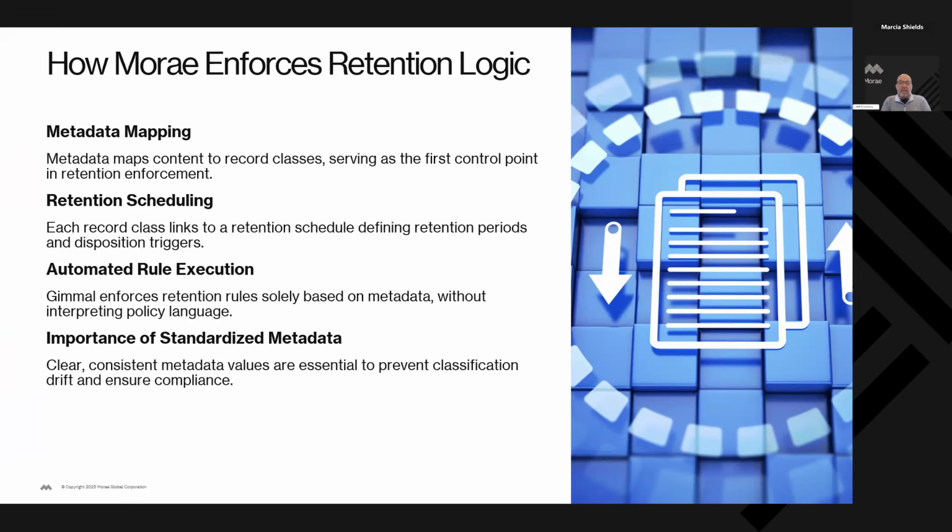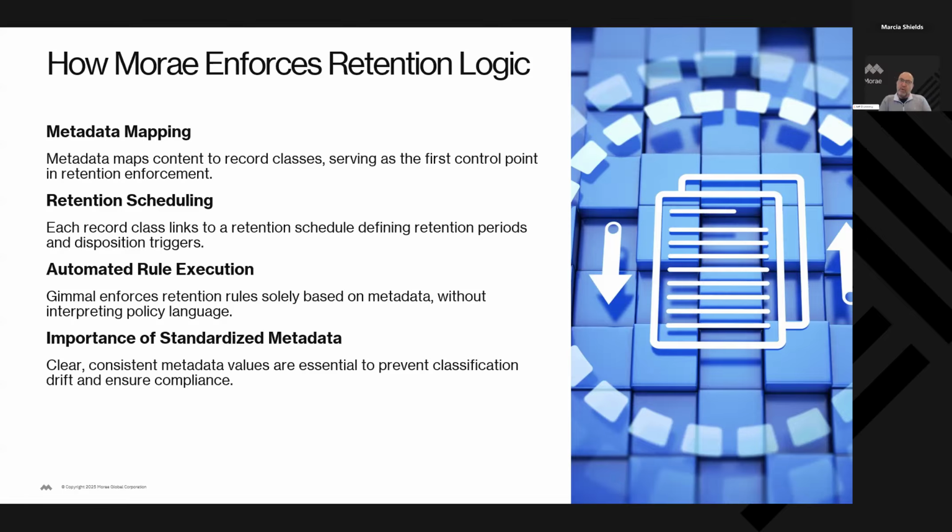What target system that content exists in? Because again, the big driver of Gimmal Records is that we manage that content in place, right? So if it's in Box, we're going to manage it in Box. If it's in a file share, we're going to manage it in a file share. So we want to make sure that we have some information there that helps us get to that class. That information can be a content type, as we talked about.